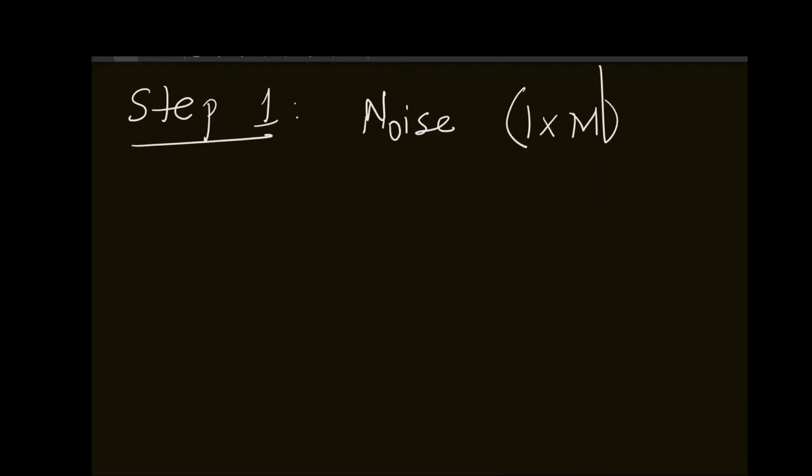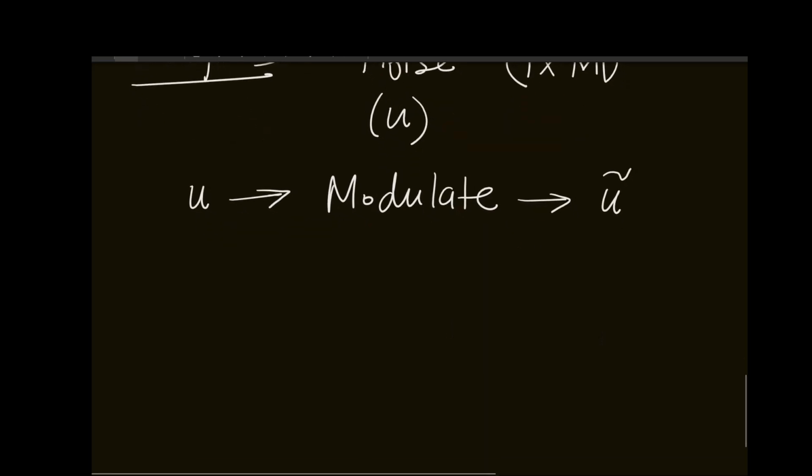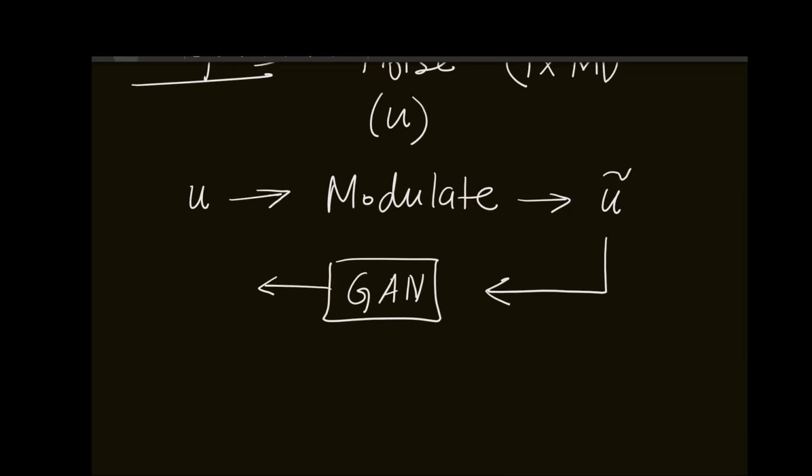Then we modulate the noise vector, or equivalently, we call this a latent code. Let's say this is U, and we modulate to get U tilde, and then we pass that through the GAN again, and we get our final image Z, our transformed image.